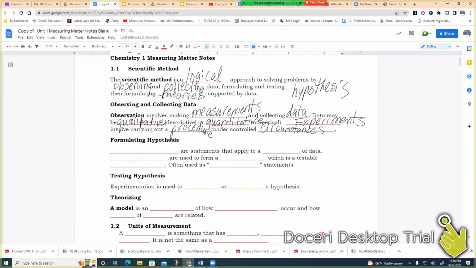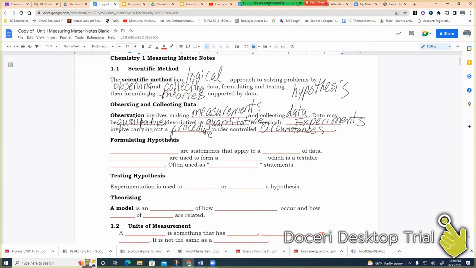So if I'm trying to figure out whether some kind of fertilizer makes the tomato plants grow more, the only thing I can be changing is fertilizer. If I'm changing the fertilizer and then I have one growing in here, one growing outside, one growing at the beach, that's too many different variables. So that would not be considered controlled. If it's controlled correctly, you're just changing one thing at a time. And that's what you're measuring.